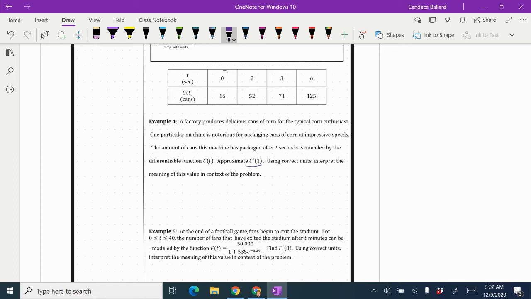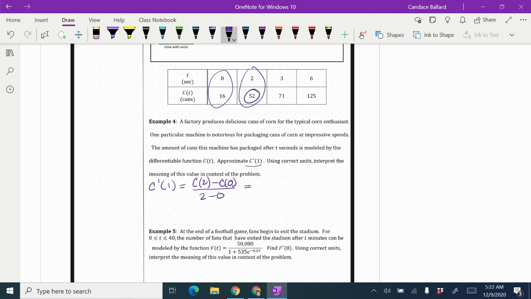So again, I want to figure out where 1 would be between. I'm going to use between 0 and 2, and do the calculation. So c prime of 1 equals, and I know the derivative, the rate, is just the slope. So I'm going to do c of 2 minus c of 0, and then divide by 2 minus 0.